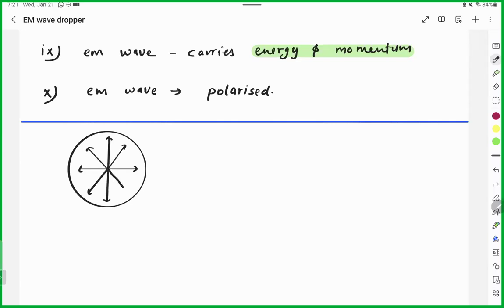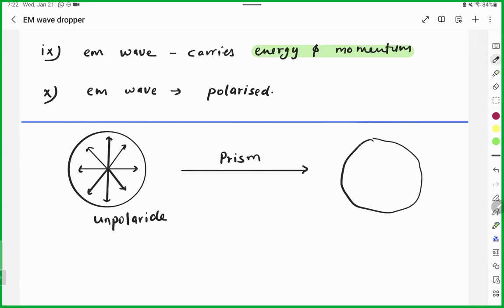When it passes through a given medium, like a prism or any special glass, what will happen? It will become polarized and light will be available in a particular direction. This light is known as plane polarized light or polarized light. Understood? Yes, sir.